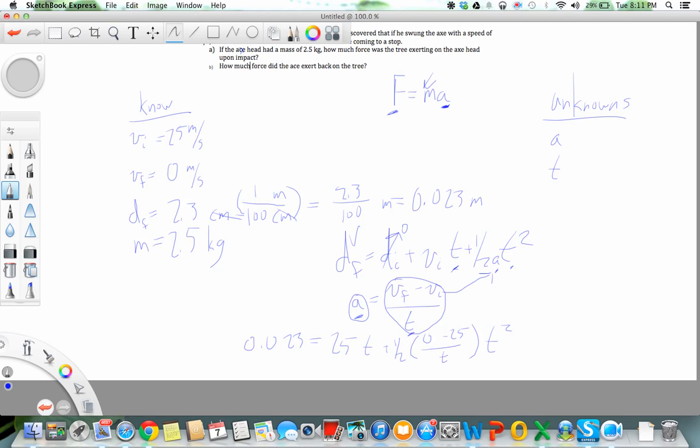Now what I love about this, first of all, I've got a 0, don't have to worry about it. Second of all, I have a time downstairs, same time upstairs. I can cancel one of those out. So that means that this will simplify to 25t plus 1/2 of a negative 25t.